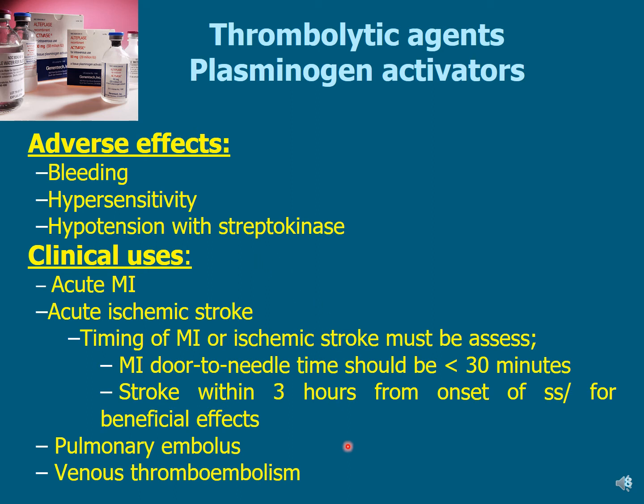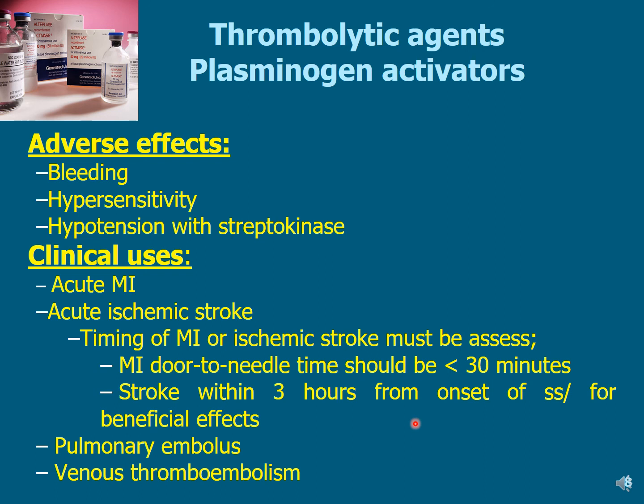And then clinical use, they are used in acute setting. They are used for acute MI, acute ischemic stroke, and the timing of using those agents is very important. So you see here for the MI, the door to needle time. That means from the time that the patient starts his MI to the time that he is injected with that drug should be less than 30 minutes to have a positive outcome.